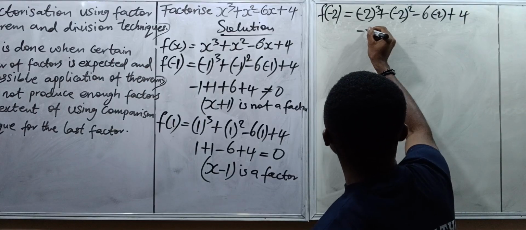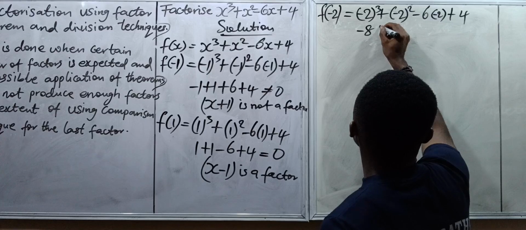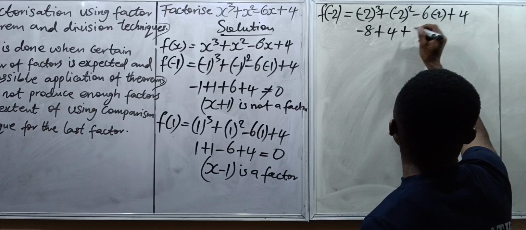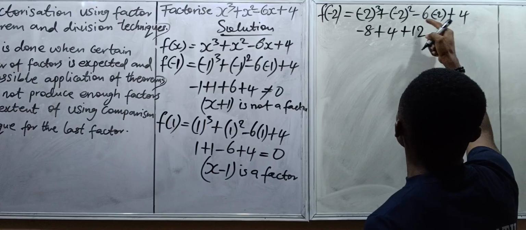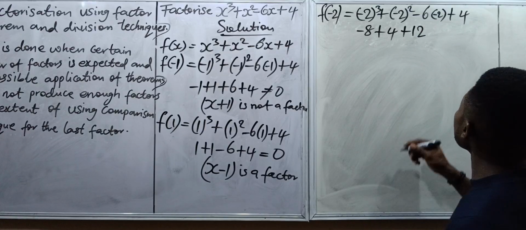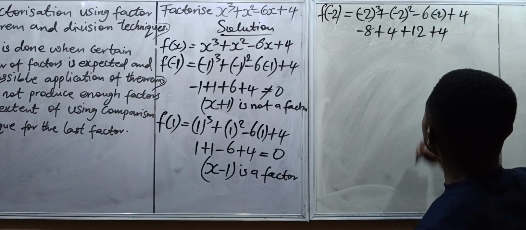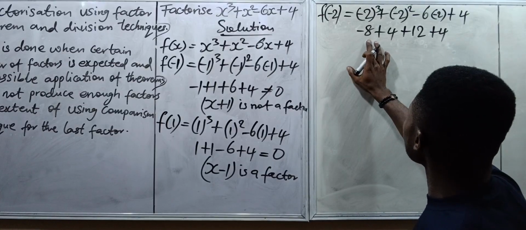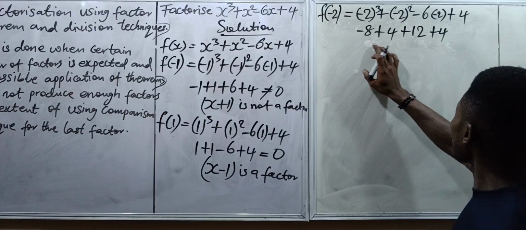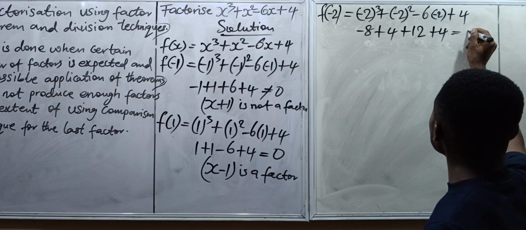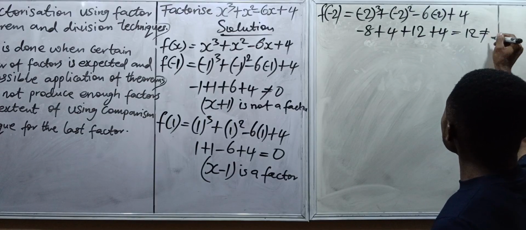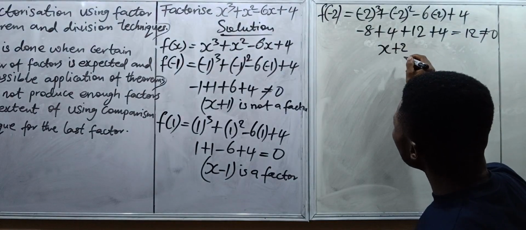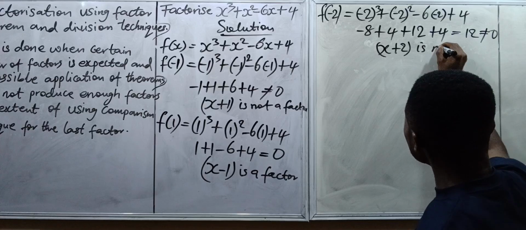And this will give us minus 8 plus 4 plus 12, because 6 times 2 is 12, then plus 4. Now if you look at this, 4 plus 4 is 8, and 8 minus 8 is 0, but then 12. So this will give us 12, which is not equal to 0. So this is not a factor. That is, x plus 2 is not a factor.